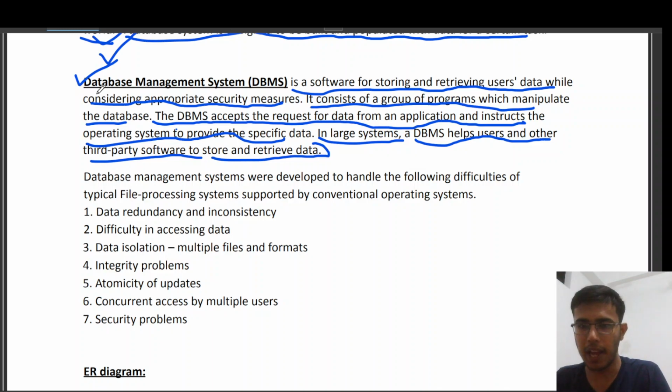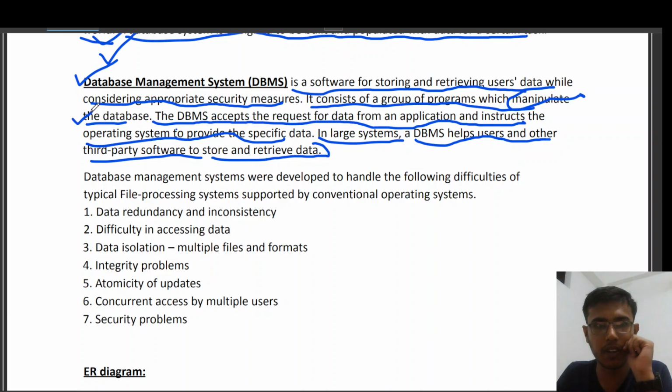I want to tell you in simple words: DBMS is a software that can store the related data of the user, or we can say that it can store the database and provide functionality, and it contains a certain group of programs with the help of which we can modify and manipulate the database, right? The database management system accepts the request for data from an application and instructs the operating system to provide the specific data, right?